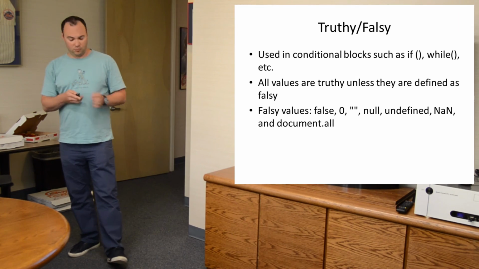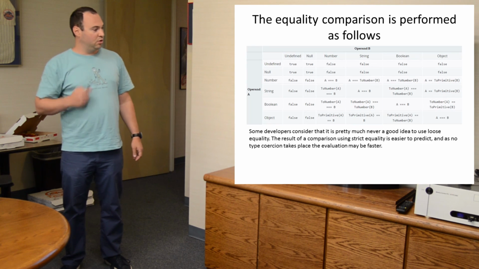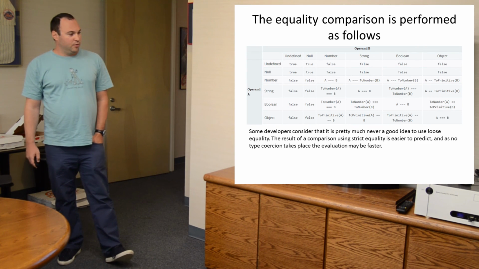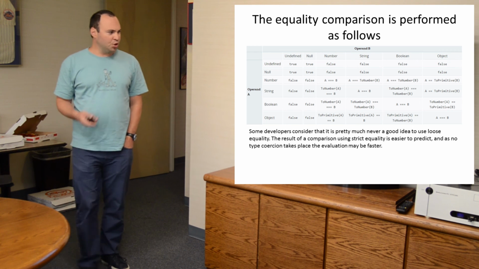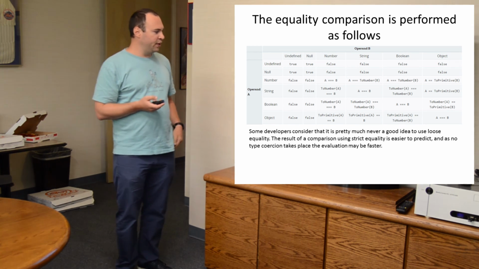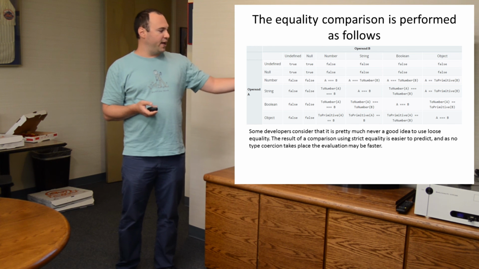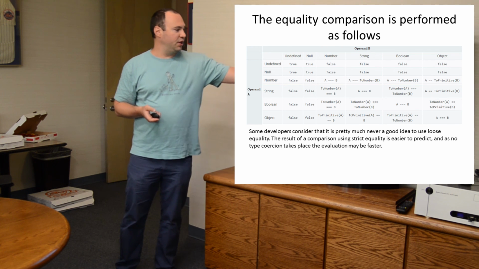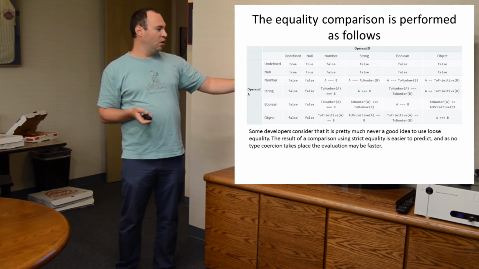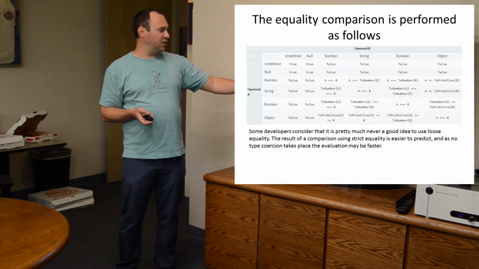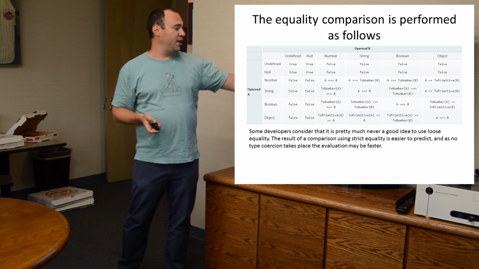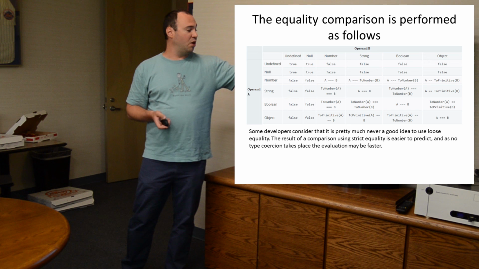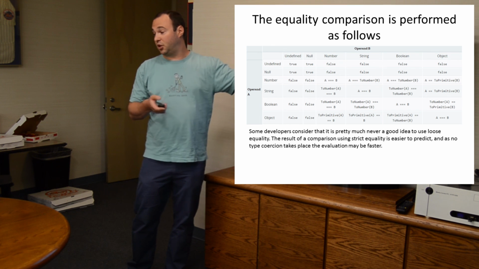Can you go back to the chart? Sure. Could you explain more about this chart, please? Sure, I mean, the chart is basically operand A is on this side, operand B is on this side. So if you're, for example, checking for equality a string and a number, the string being A, the string is first converted to a number and then compared to B, B isn't converted to anything.